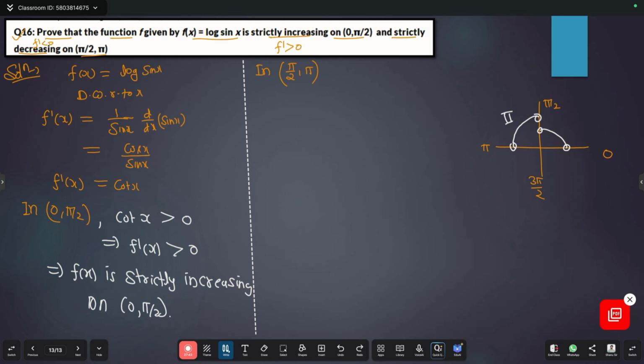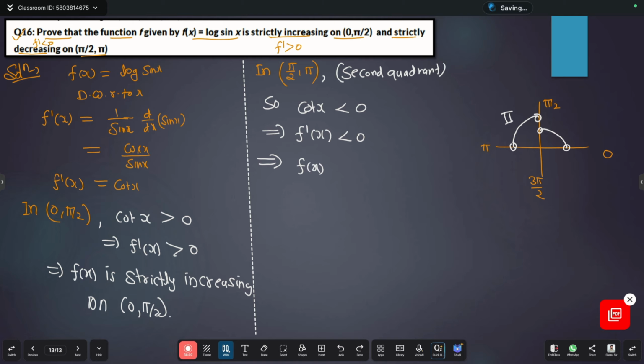You can write it also so that you should not forget: second quadrant. So cot x is less than 0, and cot x value is f'(x) less than 0. F'(x) less than 0 means the function is strictly decreasing. It implies f(x) is strictly decreasing on pi by 2 comma pi.